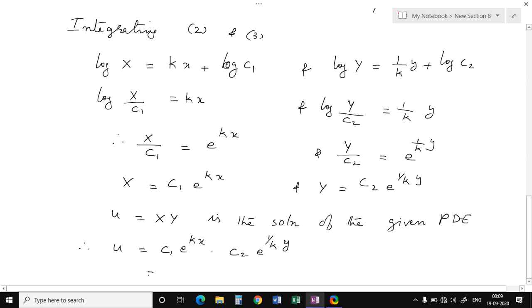Or we can combine constants here. Instead of c1 into c2, we can write another constant c into e to the power kx into e to the power y by k is the required solution.